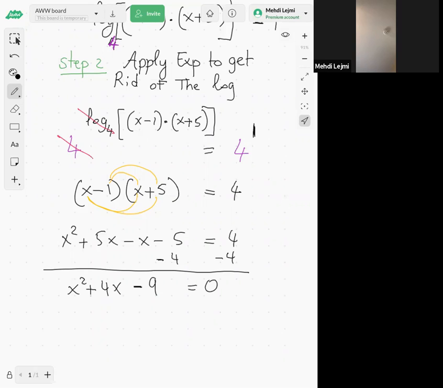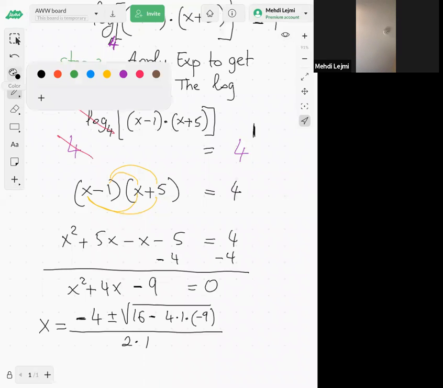Okay, so then this is just a quadratic equation, so I can use my quadratic formula. So it's minus b, minus 4, plus or minus square root of b squared, that's 4 squared, that's 16, minus 4 times A times C. C is negative 9, over 2A, that's 2 times 1.